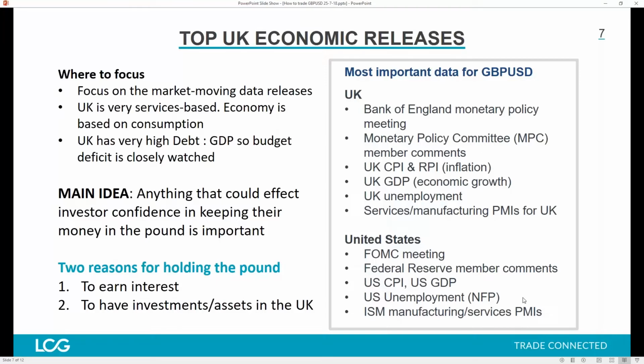Quick question from Roland saying, does China affect these currencies? Well, it does in some factors. Obviously, the big topic at the moment is trade, and both the UK and the US trying to increase the amount they can export to China, and so increasingly China becoming more of a consumer than a producer.